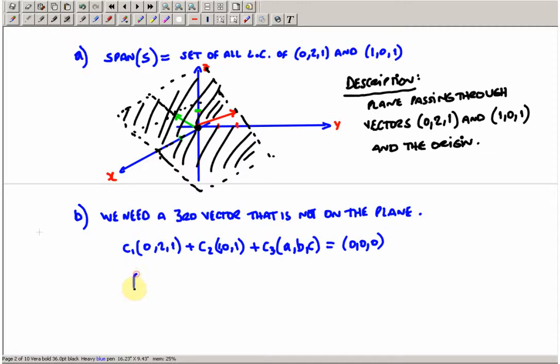When you get the matrix for this, it would be the columns (0, 2, 1), (1, 0, 1), (a, b, c), with right side 0, 0, 0. And then you have to play with these numbers.